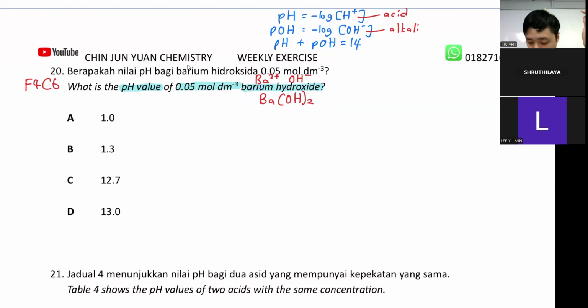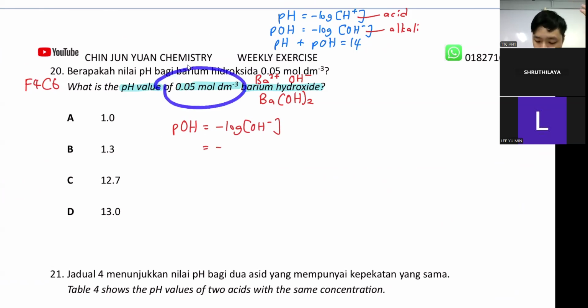Okay, so let's say you use pOH equals negative log OH minus. Now, in this case, I want to find the pOH. They already give 0.05. I put like this. Do you think it's correct? Do you think it's so easy?